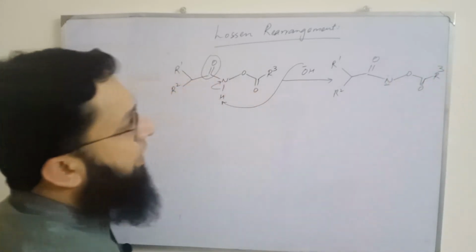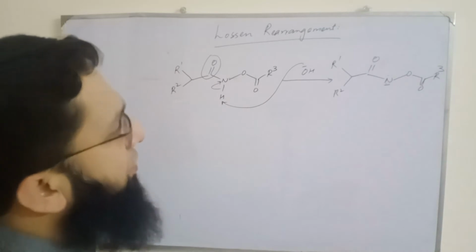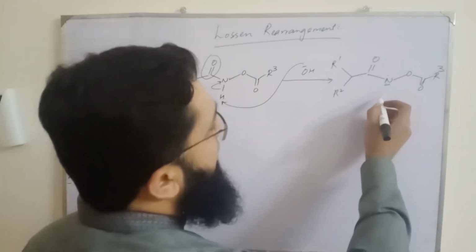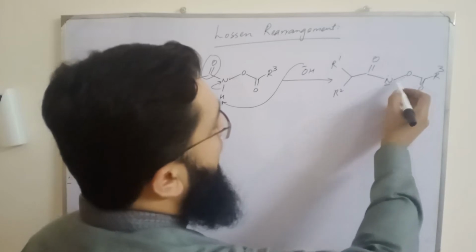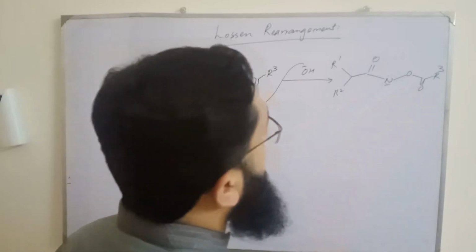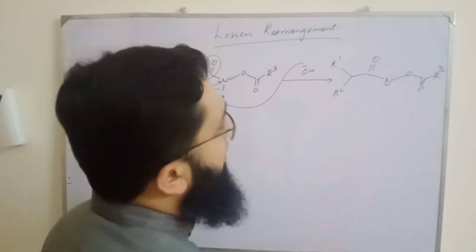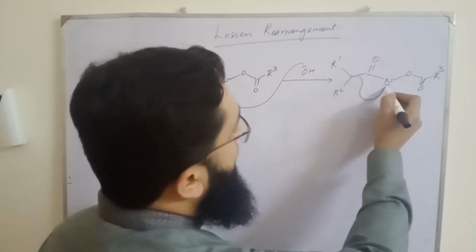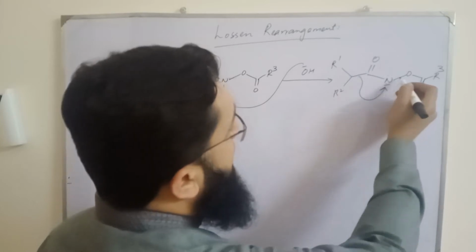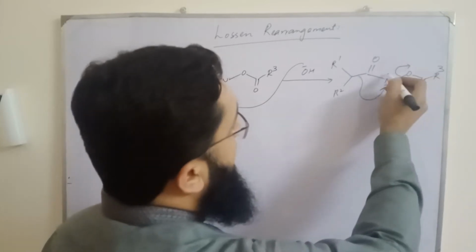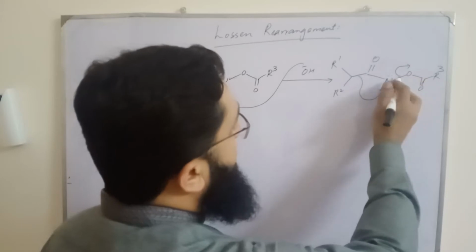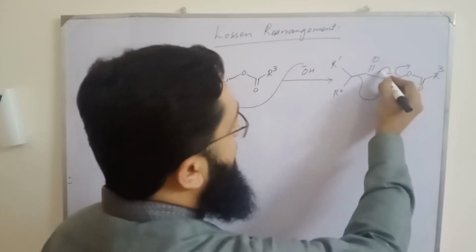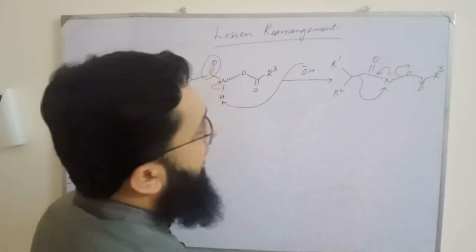Now we have negative charge on nitrogen, and when two electronegative atoms are joined together, the molecule is generally unstable, and this group would migrate with its electron pair towards nitrogen. This would be eliminated, and this negative charge we can show on this side. This would come here.